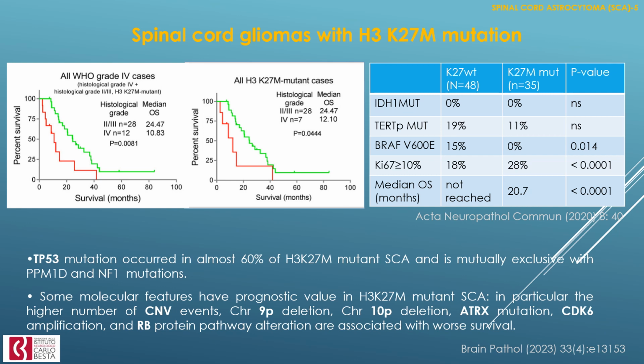They also described some molecular features with prognostic value in H3 mutant astrocytoma, such as a higher number of copy number events, the 9p deletion, the 10p deletion, the ATRX mutation, CDK6 amplification, and RB protein pathway alteration.